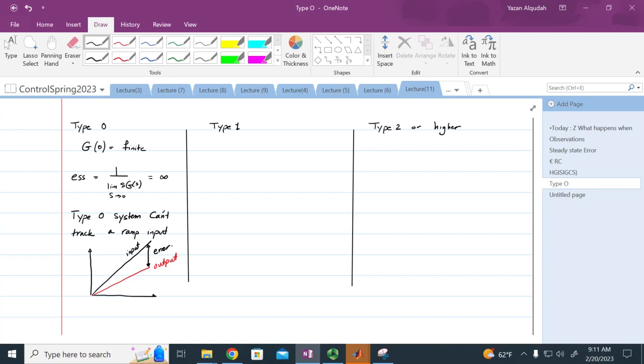Okay. So let's look at what happens if we have a type 1 system. Steady state error is going to equal to 1 over the limit as s goes to 0 of s multiplied by g of s. This is going to equal the limit as s goes to 0 of s multiplied by p of s divided by s multiplied by q of s. Because it's a type 1, I can write it as s to the 1 multiplied by q of s.